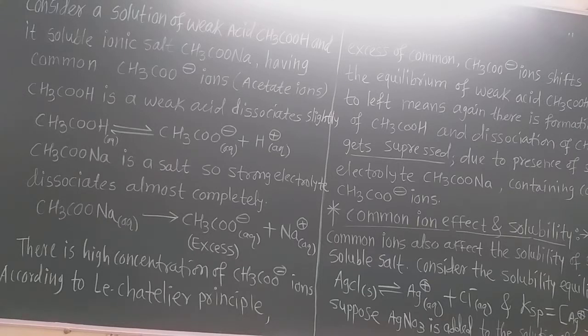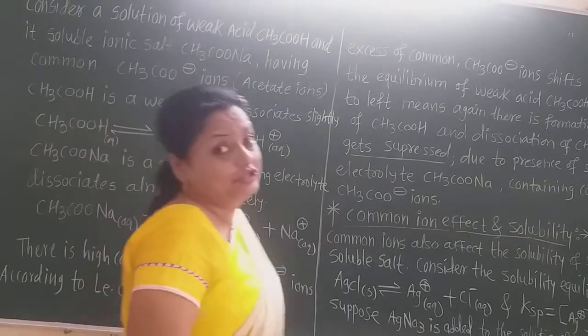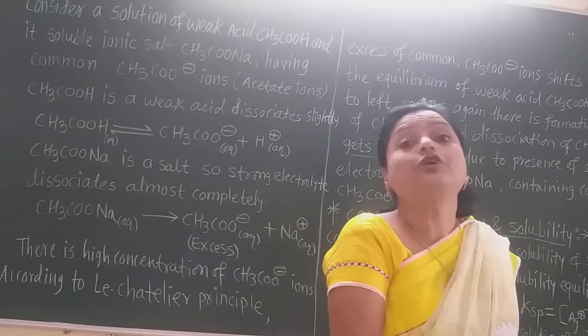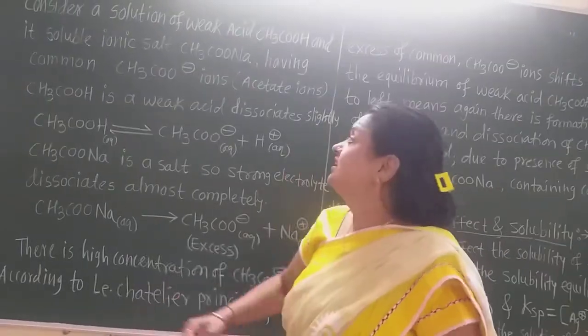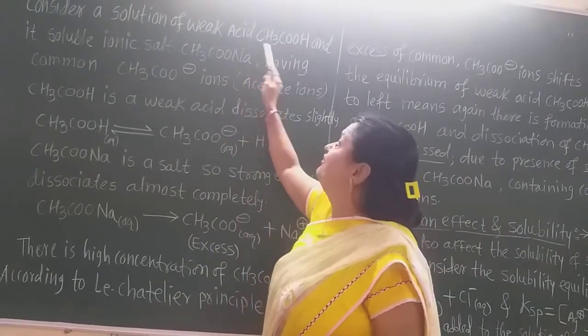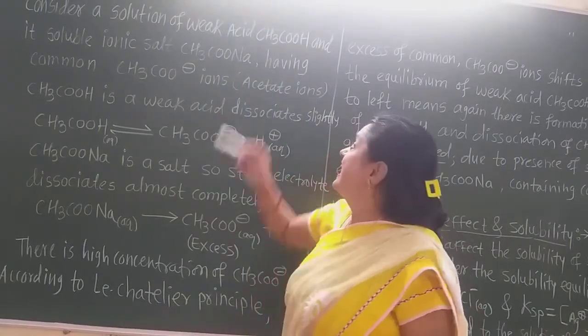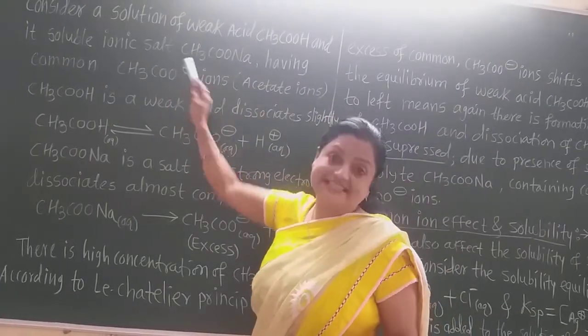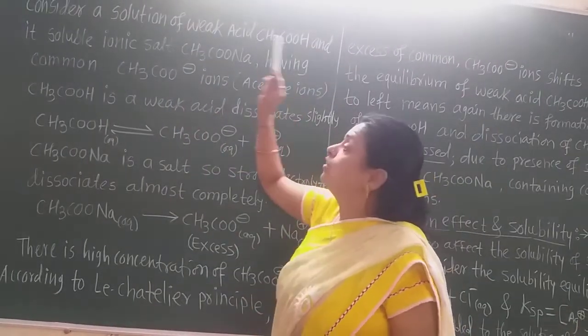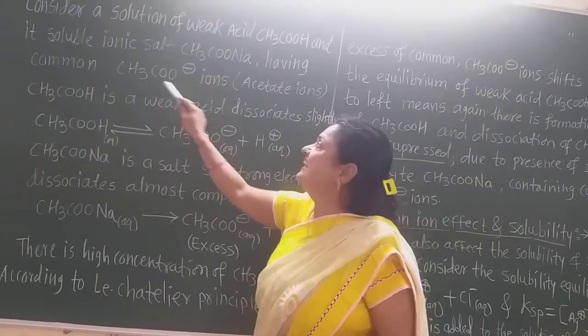And we learn this by taking the example of acetic acid, which is a weak acid, and the salt sodium acetate, which dissociates completely, so it is a strong electrolyte. Let's learn. Consider a solution of weak acid, acetic acid, and its soluble ionic salt, sodium acetate, having common acetate ions.